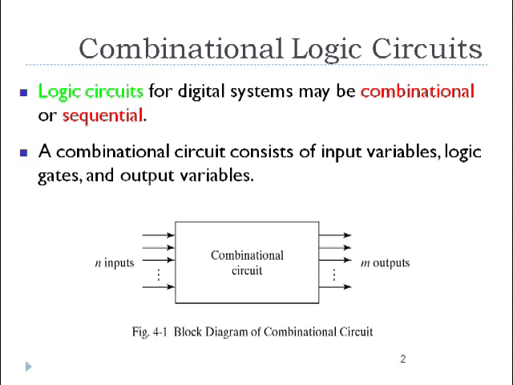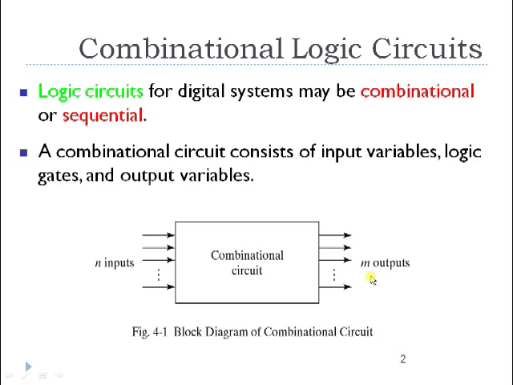If you consider any kind of combinational circuit, it contains input variables, output variables, as well as logic gates. Here you can see a simple block diagram of a combinational circuit which accepts n inputs and provides m outputs. These m outputs totally depend on the present state of the inputs.